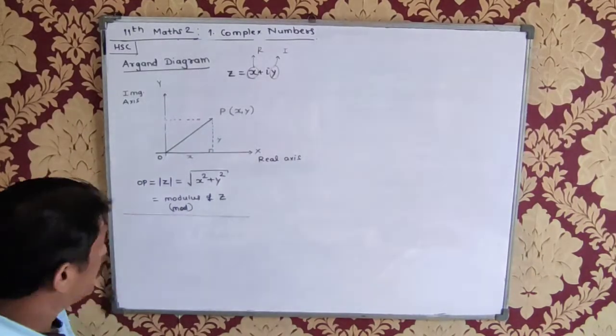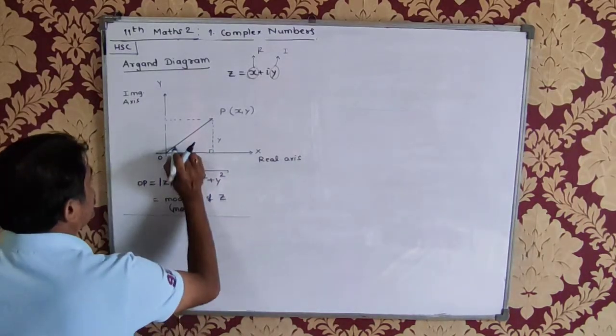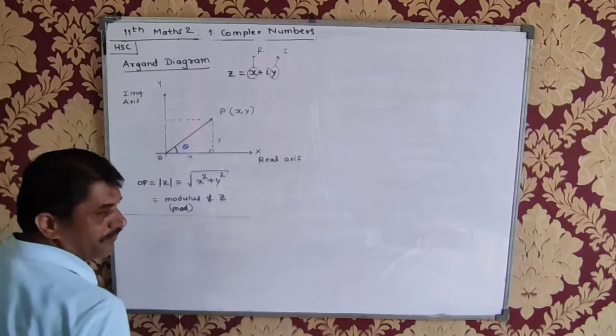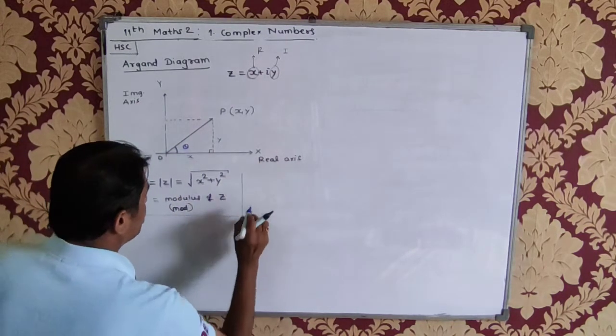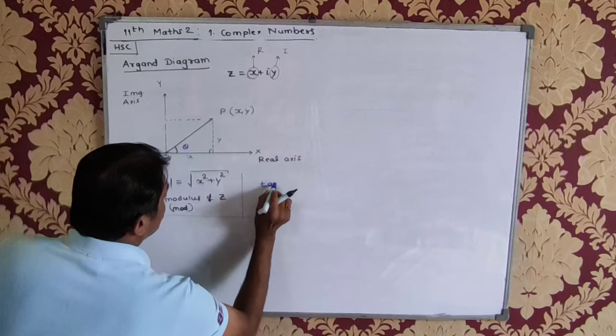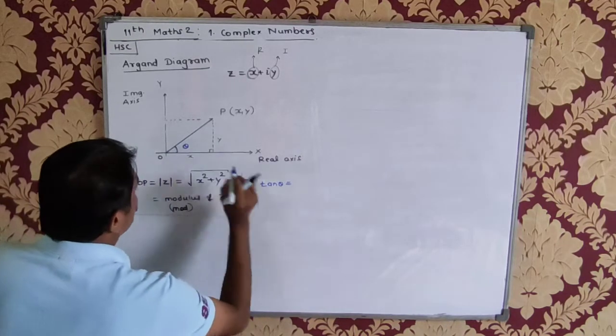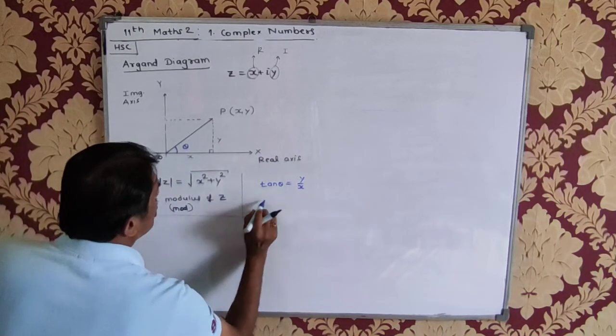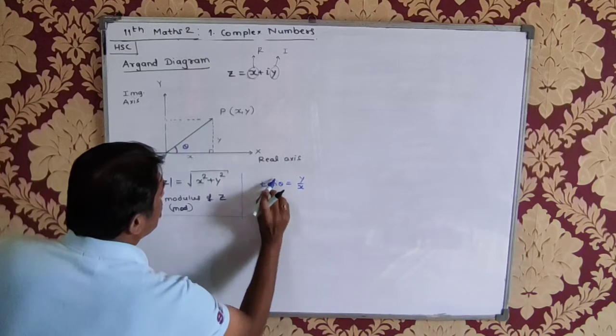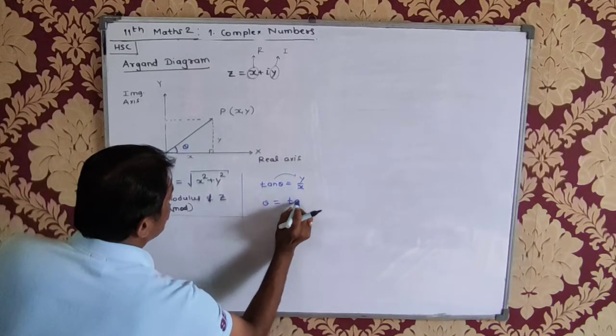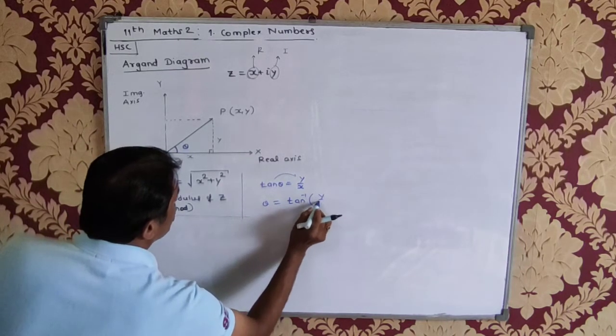Whatever angle this OP makes with the real axis is theta. And clearly here tan theta is equal to y upon x. So this theta is tan inverse of y upon x.